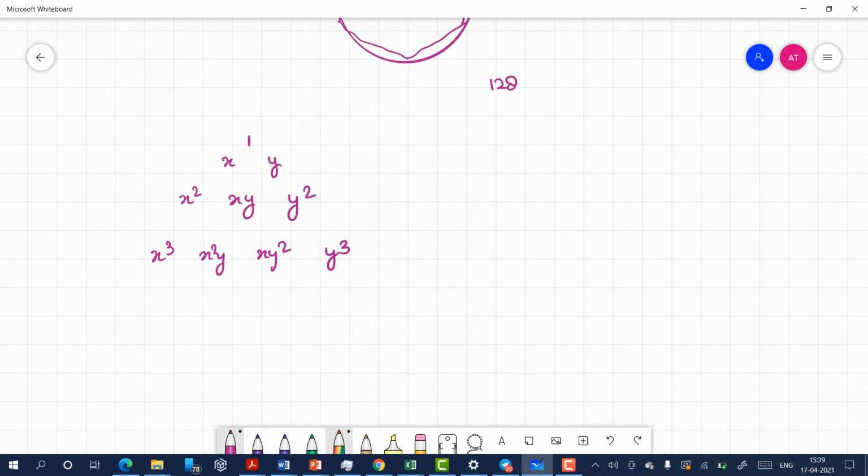This whole thing is Pascal's triangle, and it has been written in the ancient period also. So not talking about the scientific period, but much before that. And how it comes is simply like this. So first term is 1 and then the rest of the terms are 0.